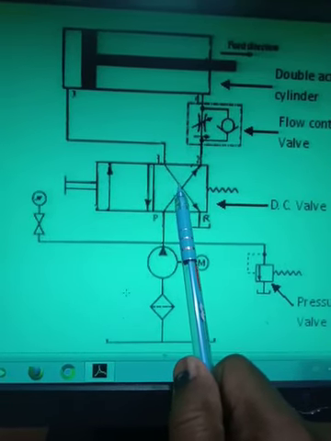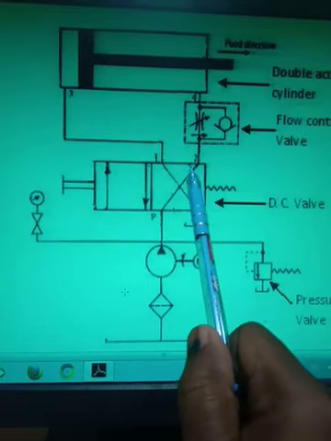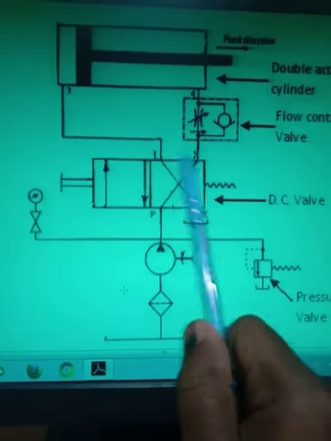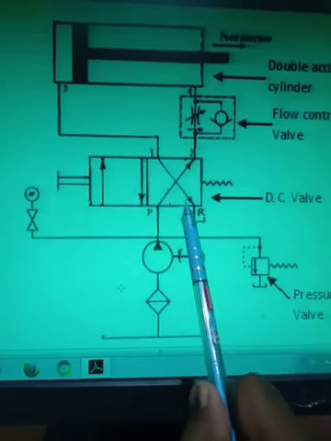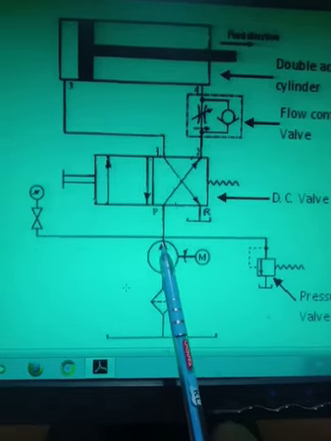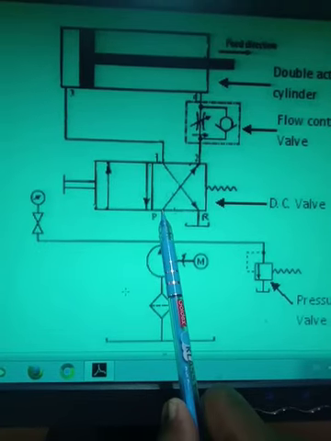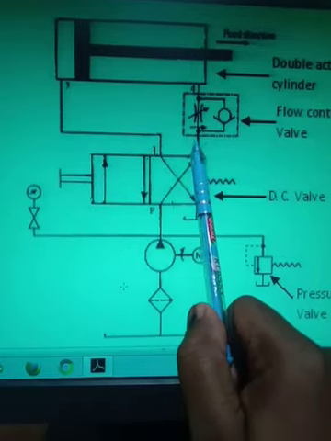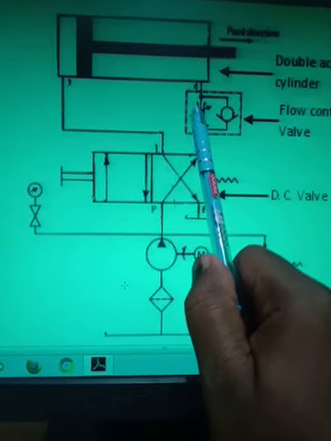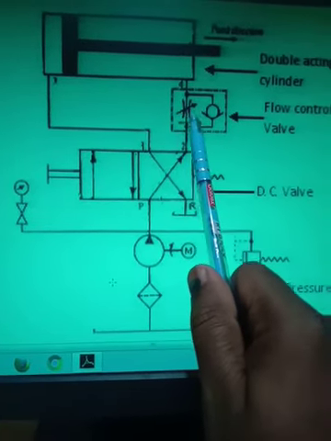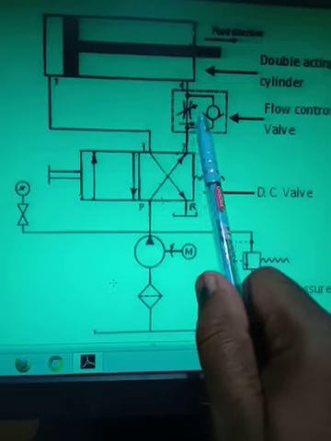Now what is happening in the second position? The pump is connected to the B end of the actuator, and the A end of the actuator is connected to the reservoir. Now what will happen? As the pressure is developed by the pump, the oil will flow to the B end of the actuator, but oil will flow through this pressure compensated flow control valve.